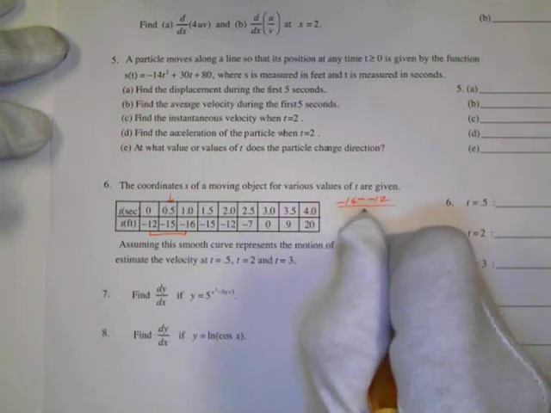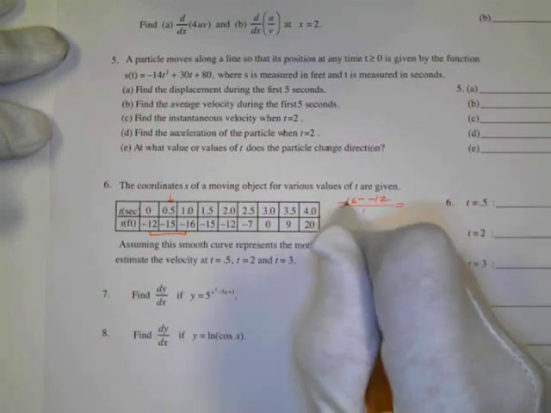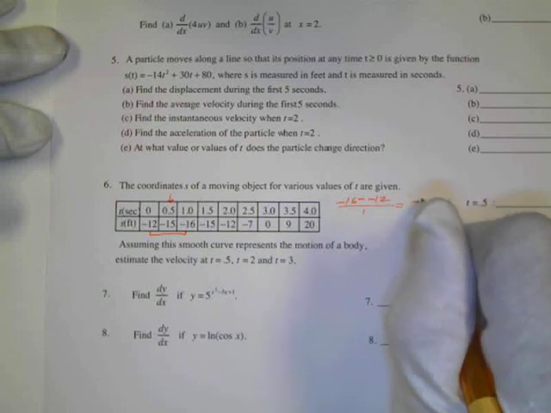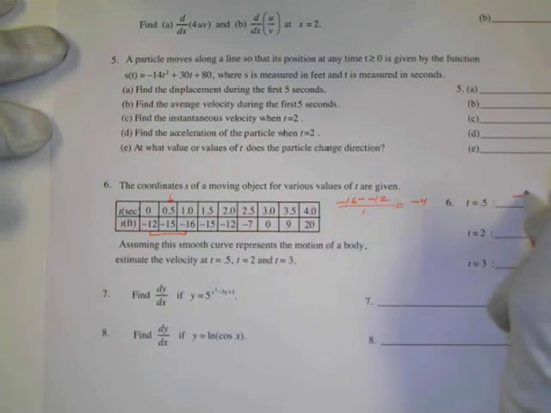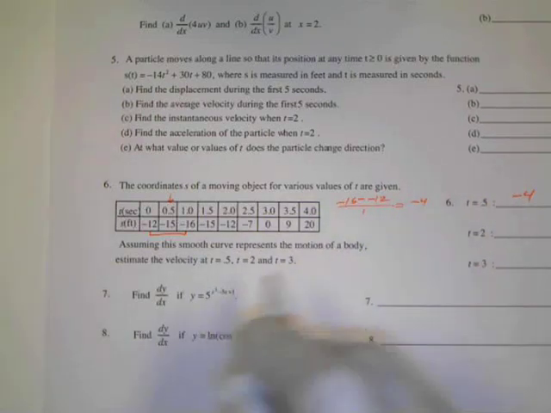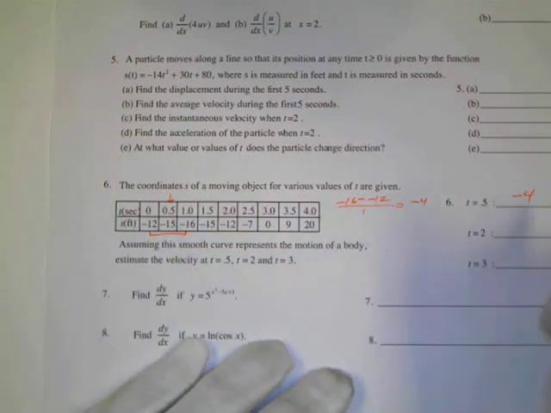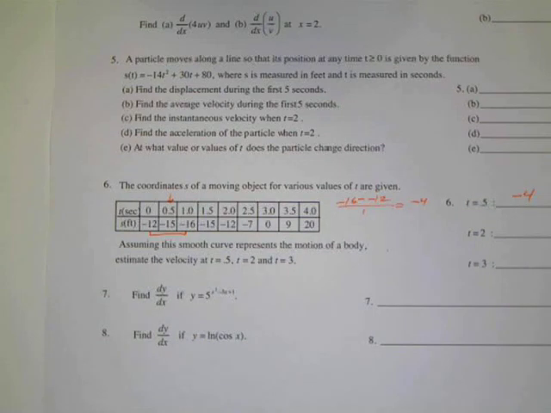That's negative 16 plus 12, which is negative 4. This is in feet and seconds, so it's negative 4 feet per second. That's not too bad.